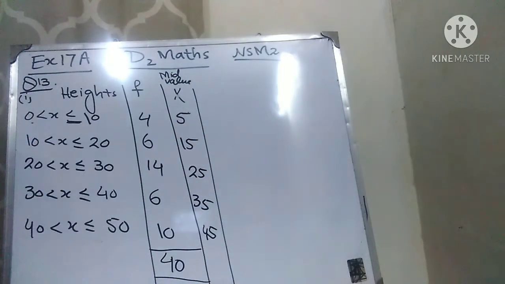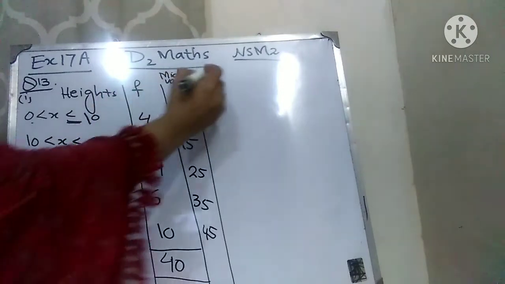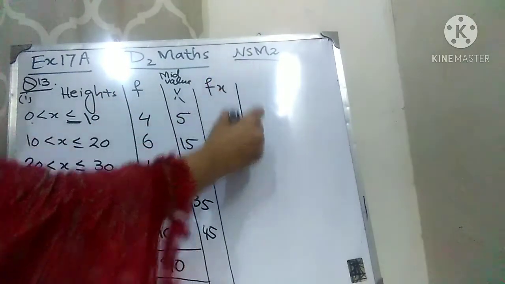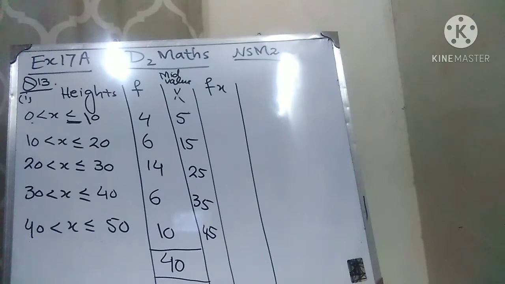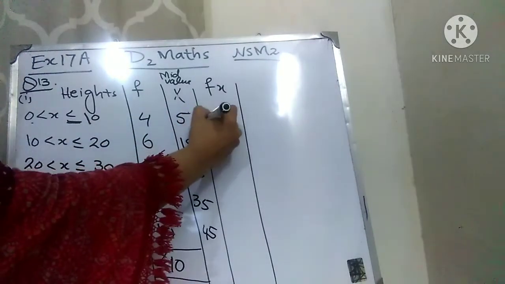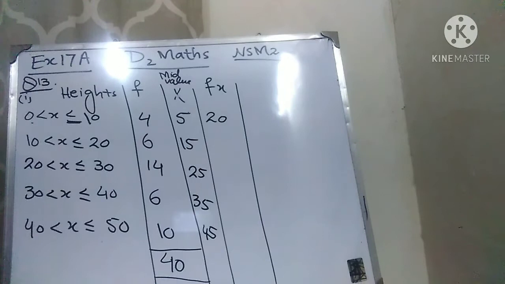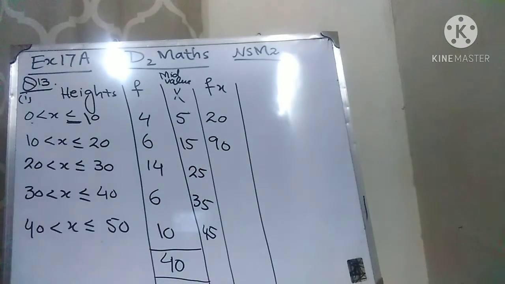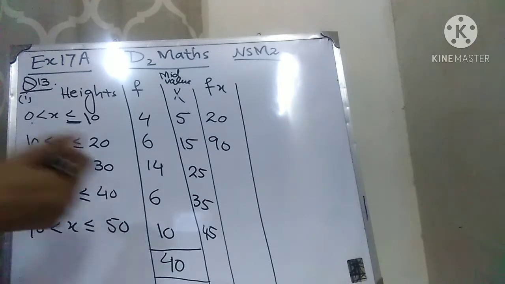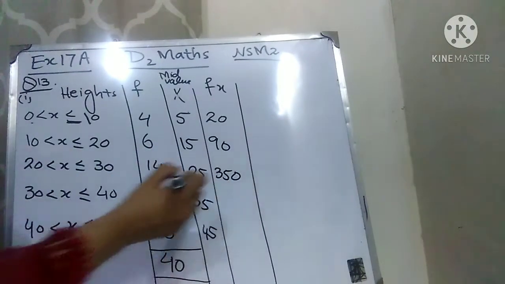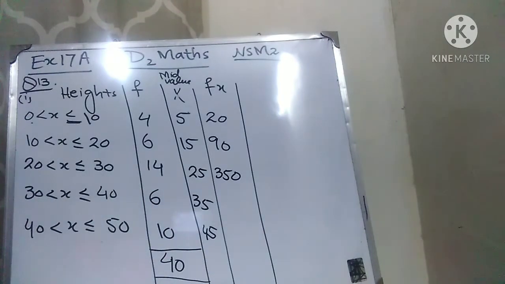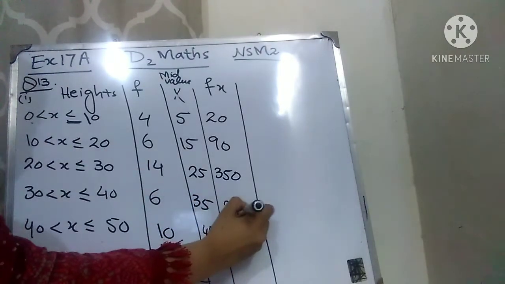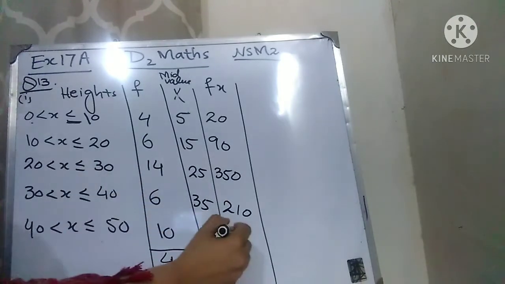Now, according to the formula, you need fx, so multiply f with x. Here you will multiply f with x: 5 4s are 20, and 15 6s are 90. 25 14s are 350, and 35 6s are 210, and 45 10s are 450.